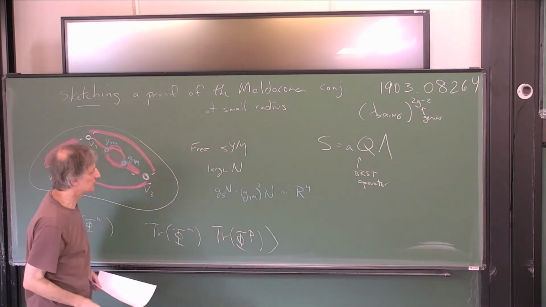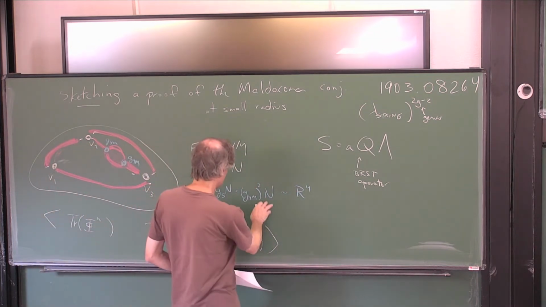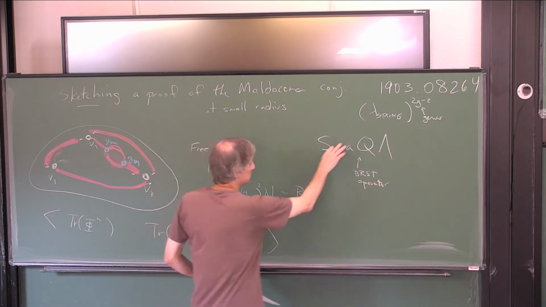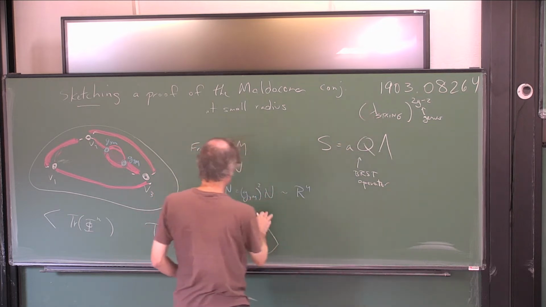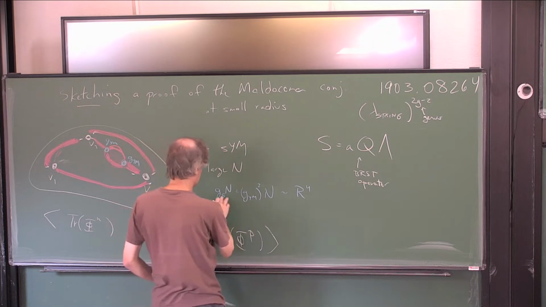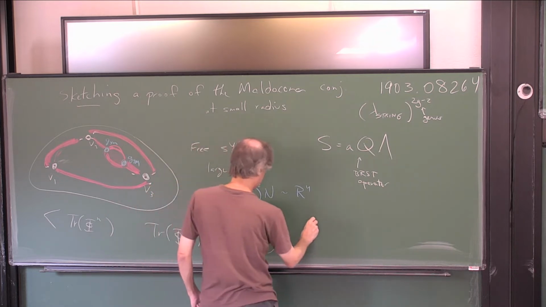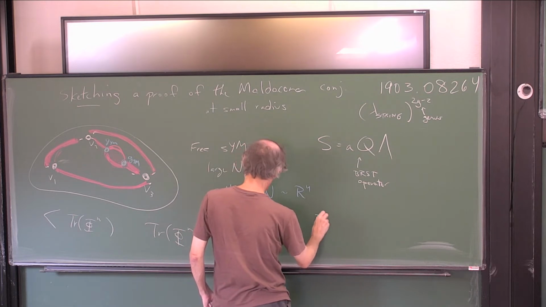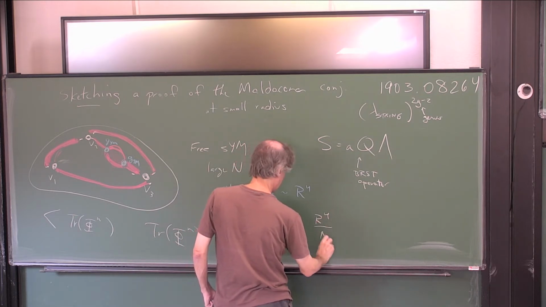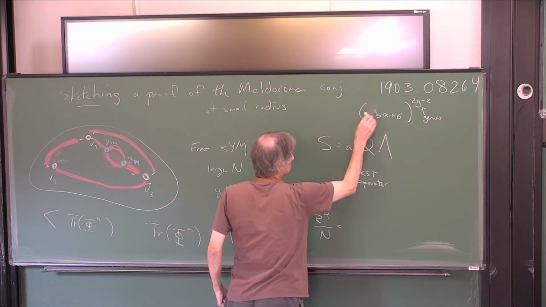So that's going to be related to, of course, N, because lambda string is g string. So if I think of R to the fourth over N, then I guess let's call it g just like this.